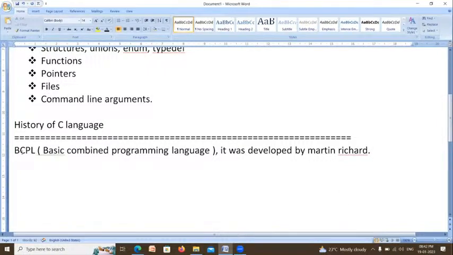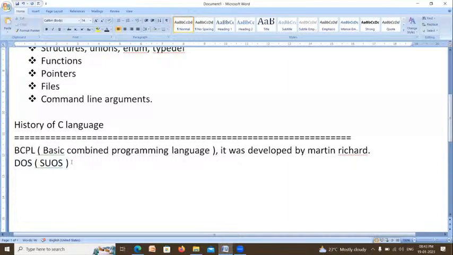At the time of the development of BCPL, there was one operating system called DOS, Disk Operating System. Actually, DOS is a single user operating system. This means it can support only one user at a time.